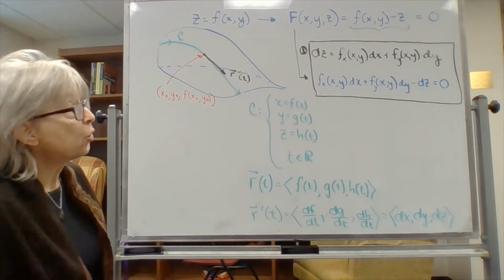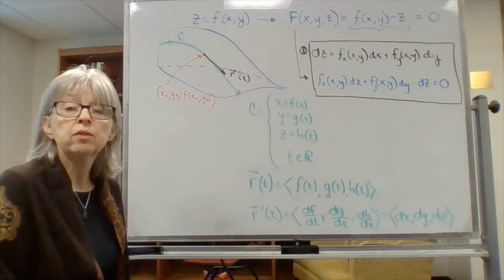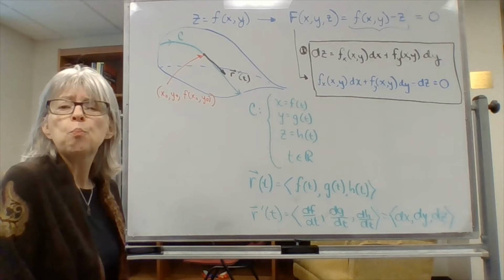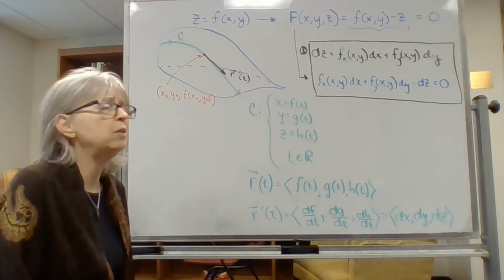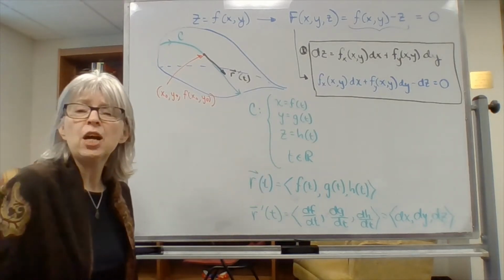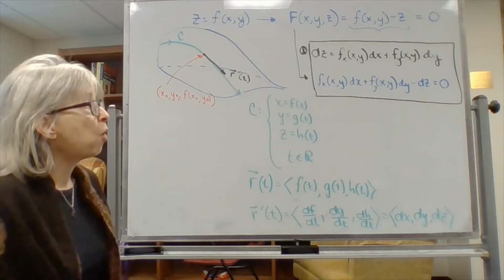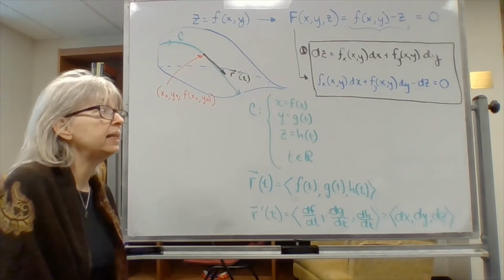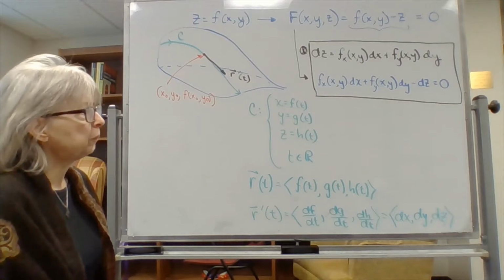Now I can also take that equation for the total derivative and flip it around. If dz equals partial with respect to x dx plus partial with respect to y dy, then that means I can shove that dz over to one side, the other side, and say partial with respect to x dx plus partial with respect to y dy minus dz equals 0.